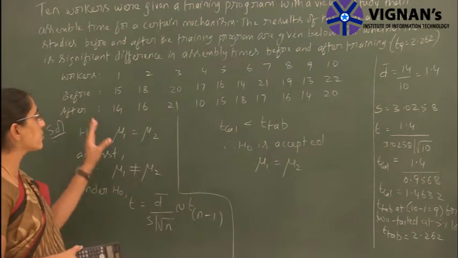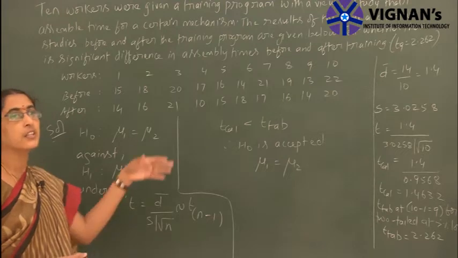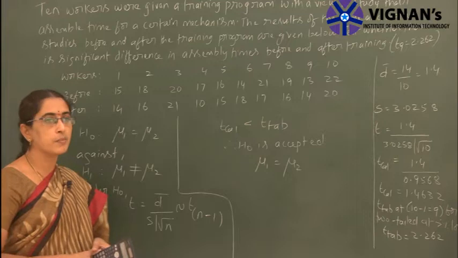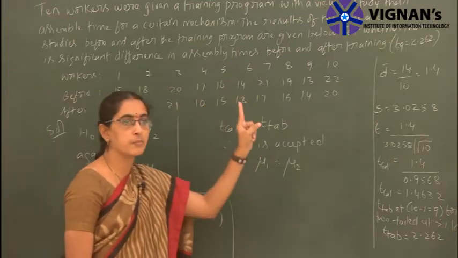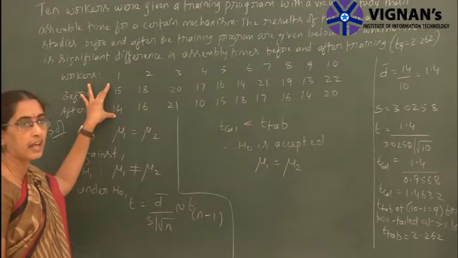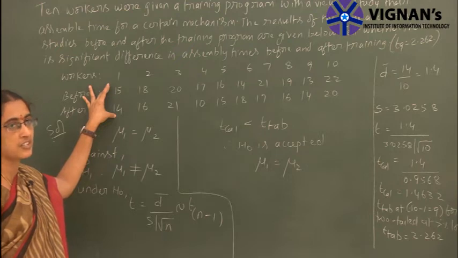Okay. So first we have to frame the hypothesis, then we have to write the test statistic, then we have to find the differences between the before and after training. So remember here, always the sample size will be one only, and for the same sample the data will be given before and after. So that is the easy identification for paired t-test for difference of means.